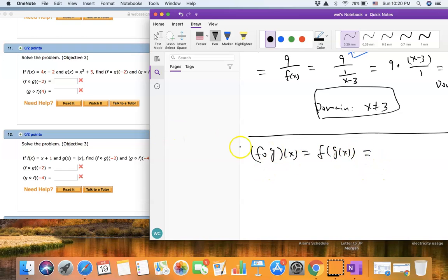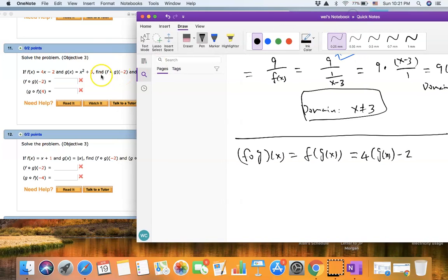f of g of x is 4 times... now g of x is an inner function, so we replace x with g of x. So 4 times g of x minus 2, and g of x is x squared plus 5.